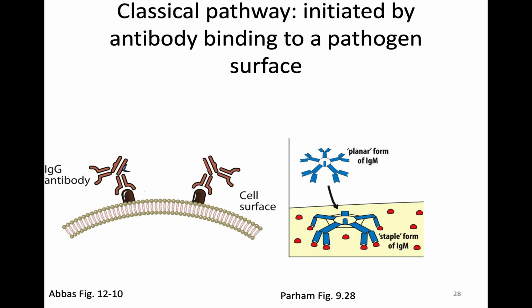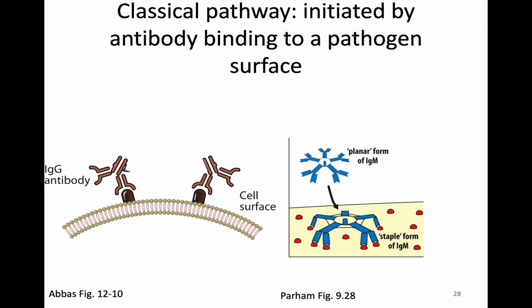So first we have to think about, okay, how do we get this whole business starting in the first place? How do we start the classical pathway? In the classical pathway, we start by having an antibody, which is this Y-shaped protein, binding to something on the surface of the pathogen.